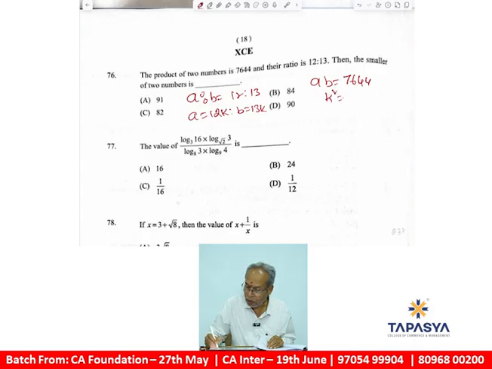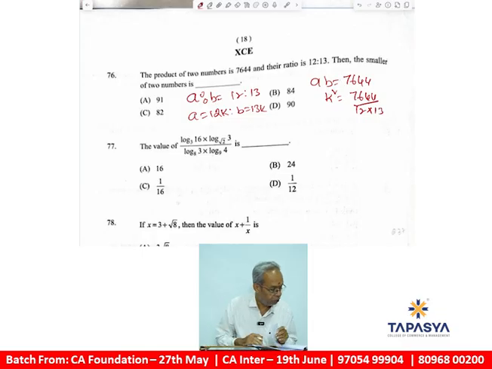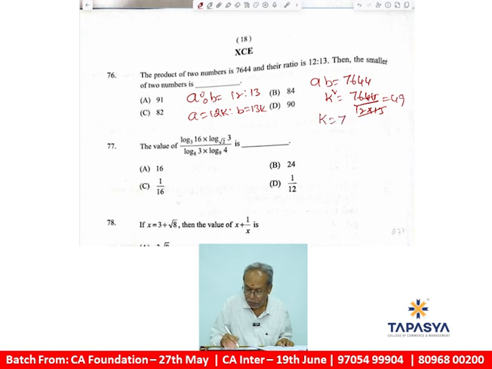Substituting this, k square equals 7644 by 12 into 13, and this gives 156, and this cancels to 49. So my k is equal to 7. So A is equal to 84, B is equal to 91, and the smaller number among the two is 84.